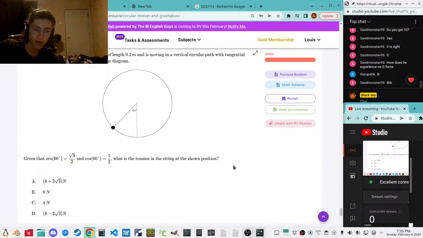I think that's sine, so that's root 3 over 2 times mg, times 0.4 times 4, basically. So 2 root 3.